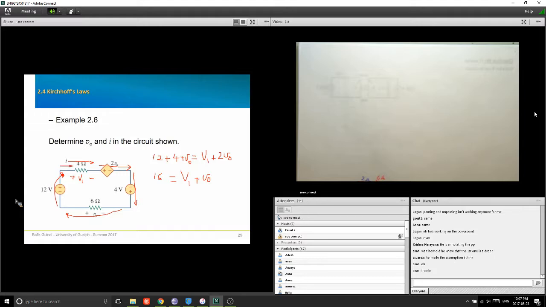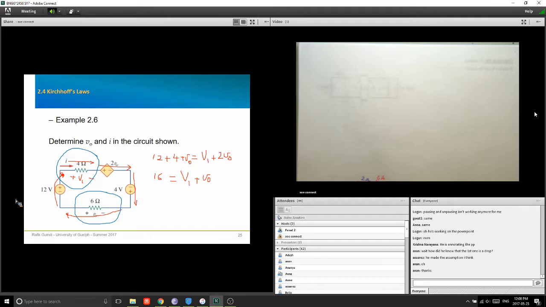Now we need to write a few other equations. Here you're going to write Ohm's law. Okay, you can also write Ohm's law here.